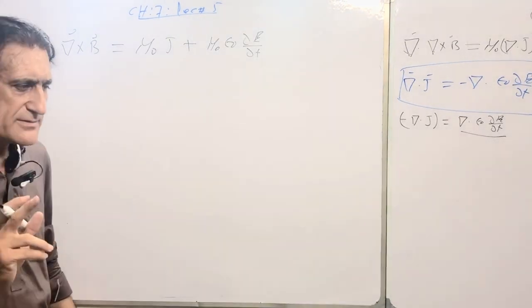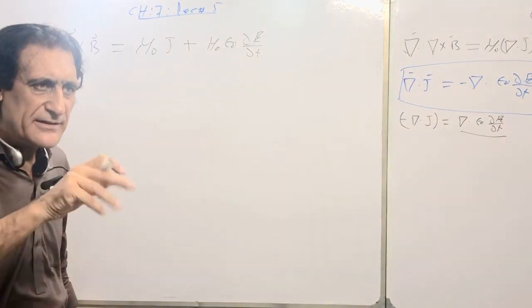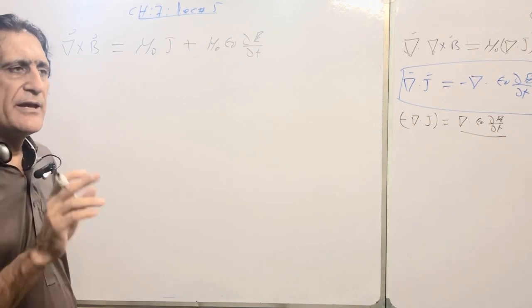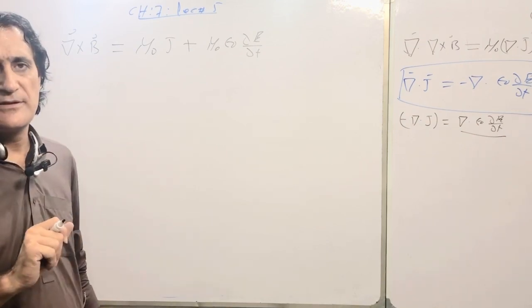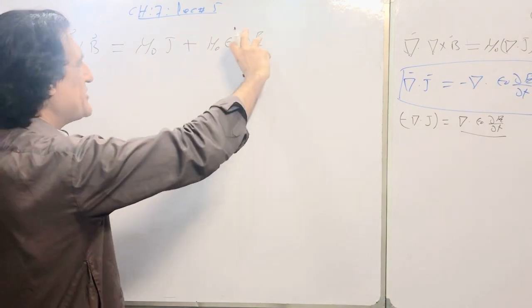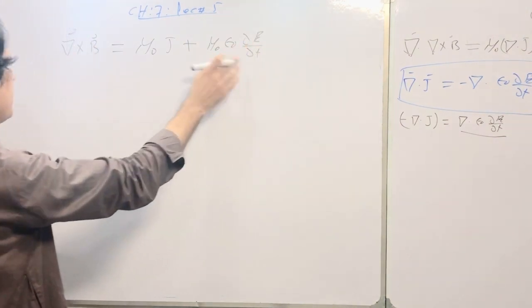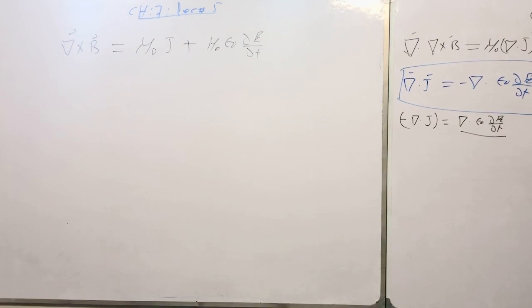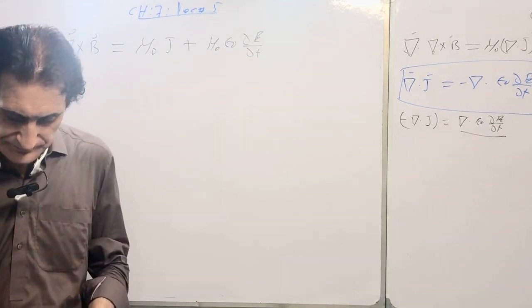Previously, from Faraday's law, if the magnetic field is changing with time, one can induce the electric field. But from this equation, we can see that by changing the electric field with time, one can induce the magnetic field.